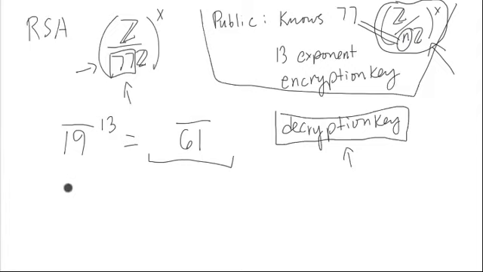Why? Because Z mod 77Z, if we count how many elements are in here, and we'll explain that in just a minute on how we would do that, there are 60 elements in here.